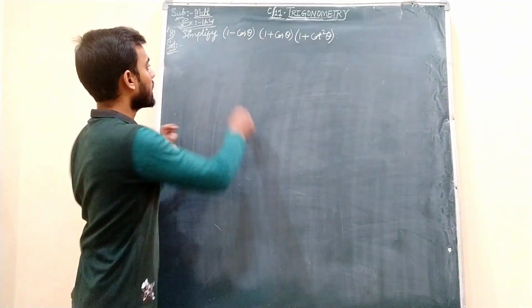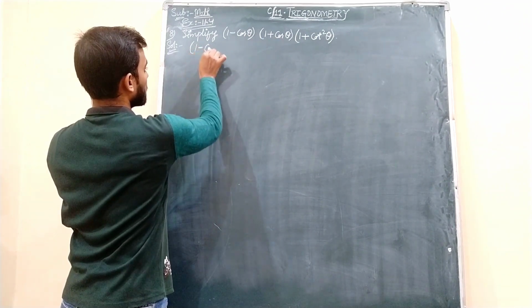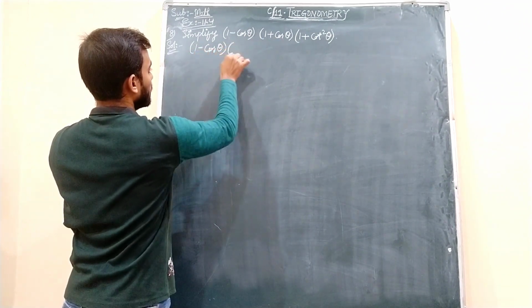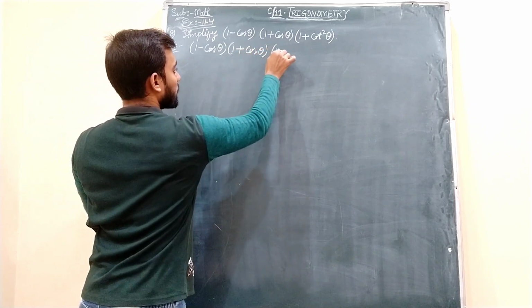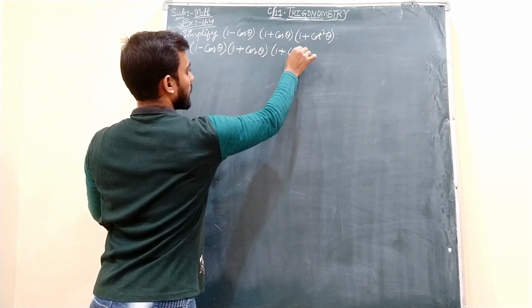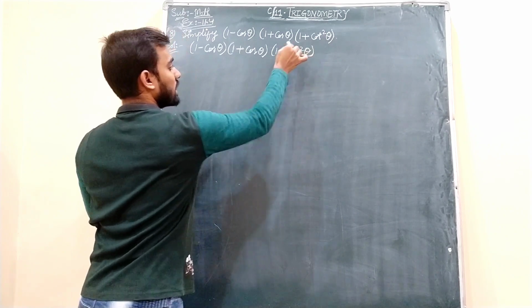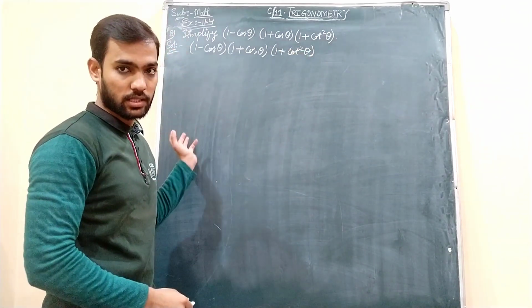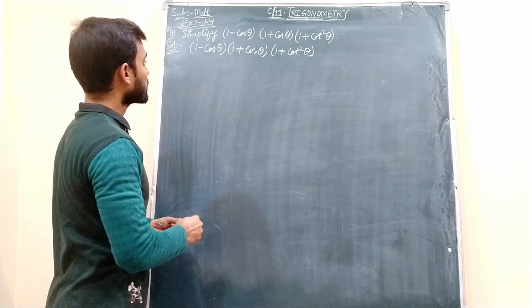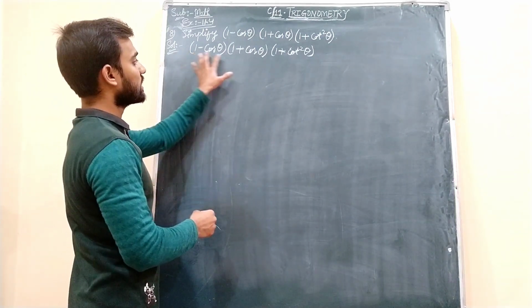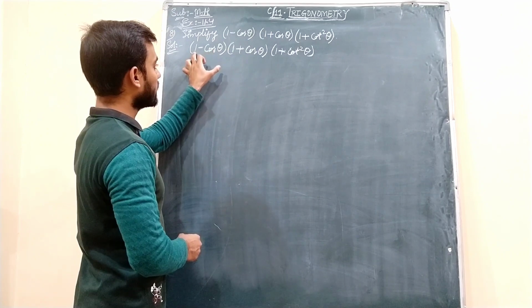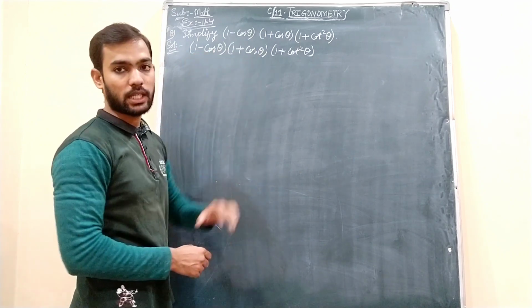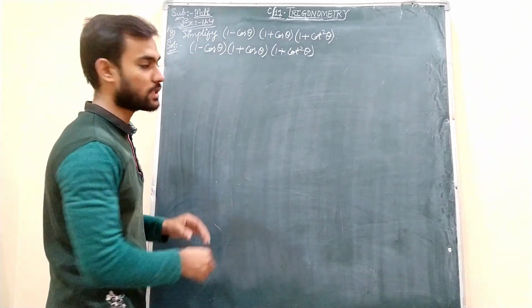So firstly I will copy the expression as it is in the solution, that is 1 minus cos theta into 1 plus cos theta into 1 plus cot square theta. As we multiplied secant A first in question number 6, similarly here also first we will multiply this and this. These are similar to the identity (a minus b) into (a plus b), so it will become a square minus b square.